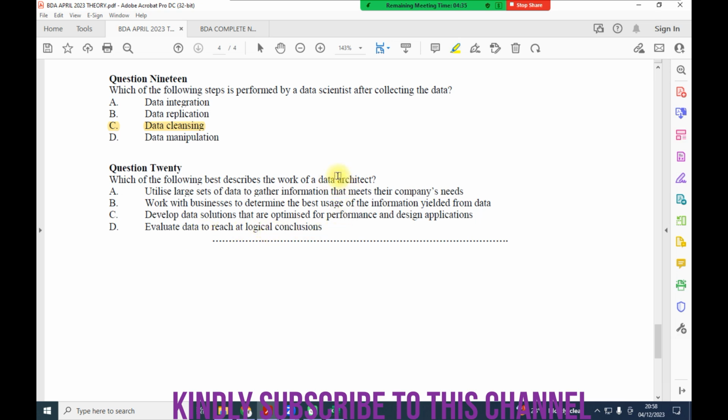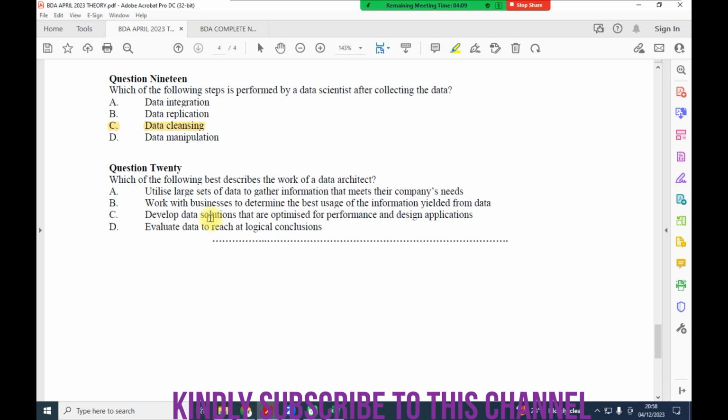So the work of an architect in anything, either a house or even in data mining and data science, is to develop data solutions that are optimized for performance and design application. So developing data solutions, coming up with those solutions, packages that we are talking about, the software that we are talking about, that will be the work of an architect.